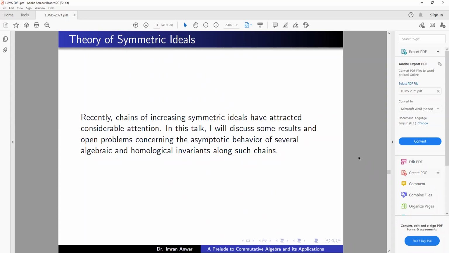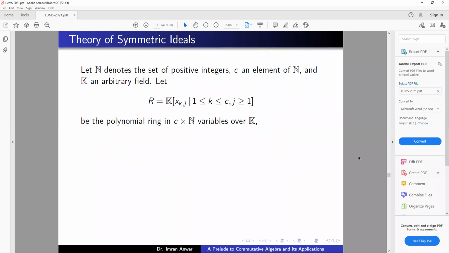So from here on, I'm going to enter into the main stuff of commutative algebra. From now on, N denotes the set of natural numbers, c is an element of N, and k is an arbitrary field. Most of the time, we assume k to be an infinite field with characteristic 0. Now we assume a ring R. This ring is quite special, with two indices, quite an unusual one, i and j.